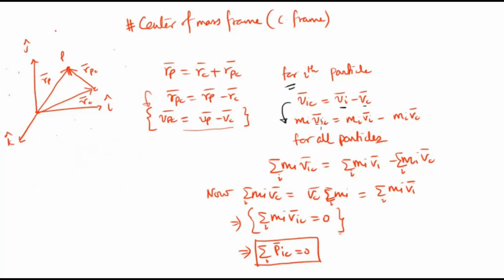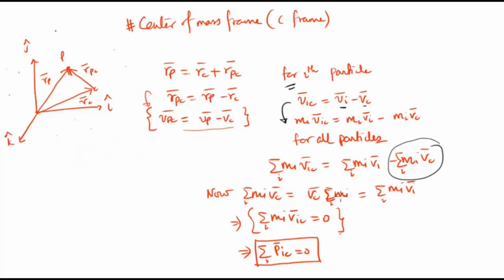Suppose I want to sum all of those momenta with respect to center of mass, so I'm just going to do summation of mi VIC, and this is going to be summation of mi VI minus summation of mi VC. Now just think about this term over here. Summation of mi VC, I can take VC outside because it is a constant, and this becomes VC summation of mi.